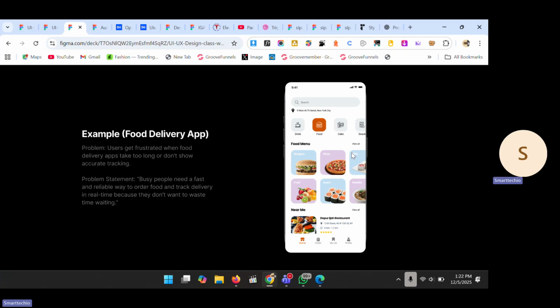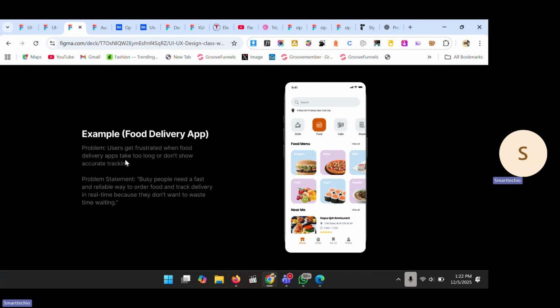So that's how you craft your problem statement. Why? Because you were able to know the exact problem that your users have, which is they were frustrated when food was delivered to them after a very long time, or they weren't able to track their order.